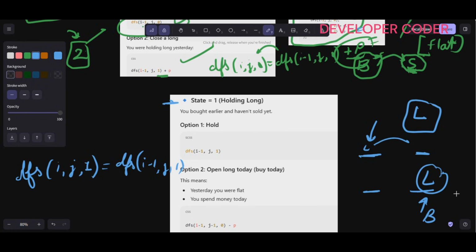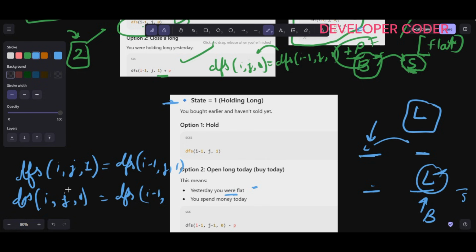If you buy something, then definitely you will sell later, but buy-sell is another long, right? So if you are buying something, that simply means DFS of i, j, 1. That simply means yesterday you were flat, right? The previous day you don't have anything, that's why you are able to buy something. So previous day means i minus 1.